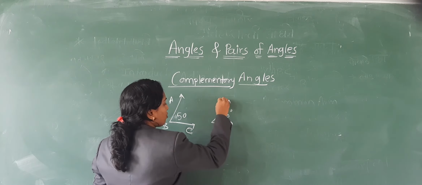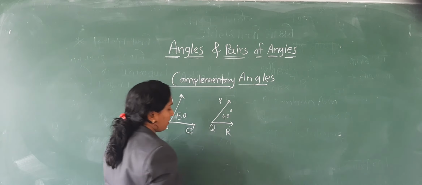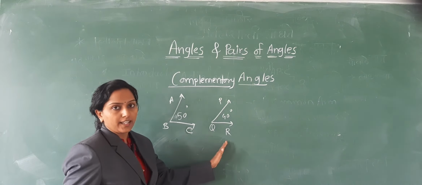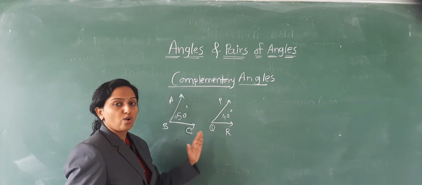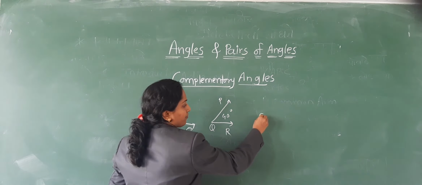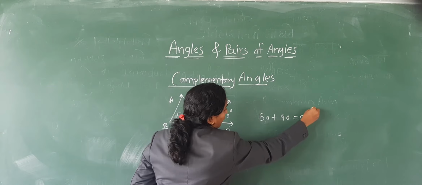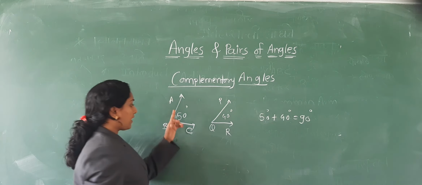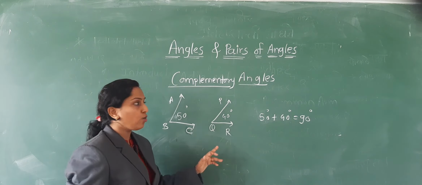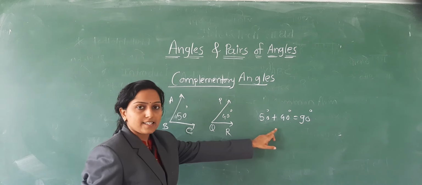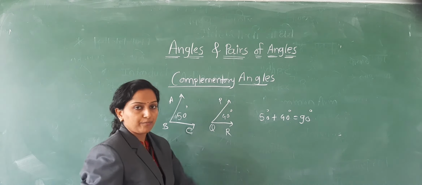Its name is PQR. One angle is of 50 degrees, one angle is of 40 degrees. Now the sum of these two angles is 50 plus 40 equals 90 degrees. So angle ABC and angle PQR are called complementary angles because their sum is 90 degrees.